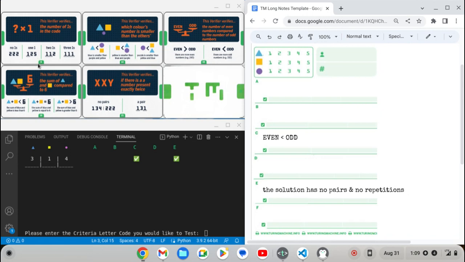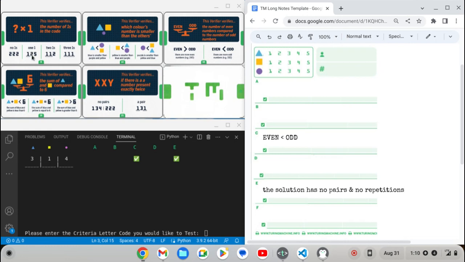Now, if it's the case, I do have a 1 in my proposal, but if we were to get an X by testing criteria card A, we would know that since there is no 1, that means that 2 unique odds would be 3 and 5, and then there would be an even.